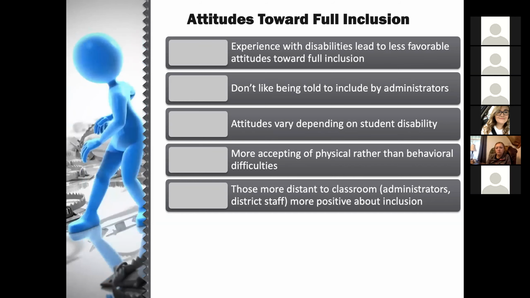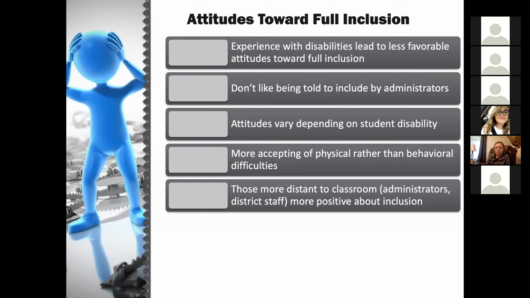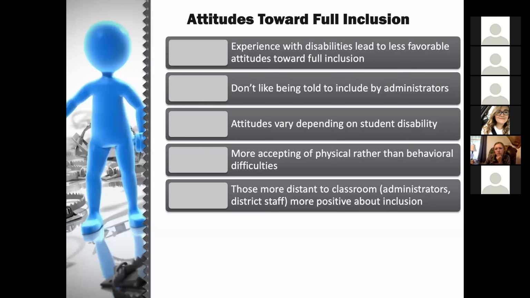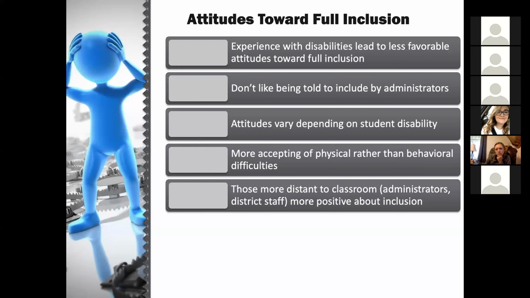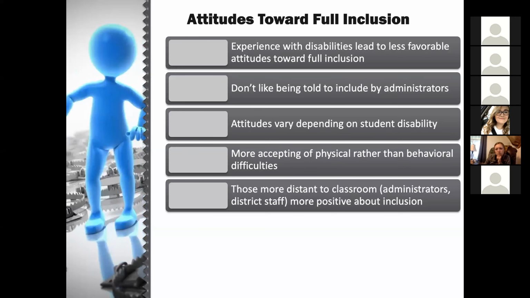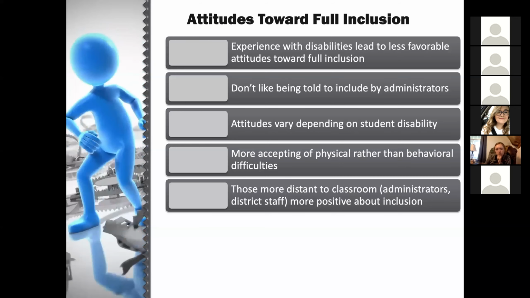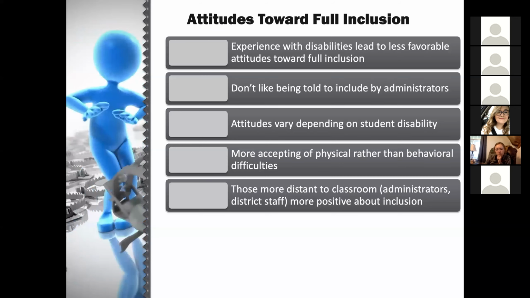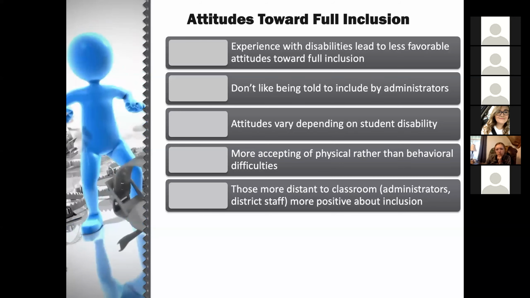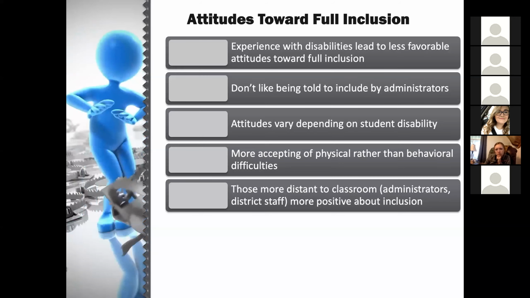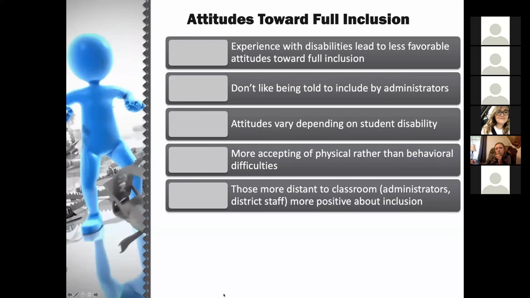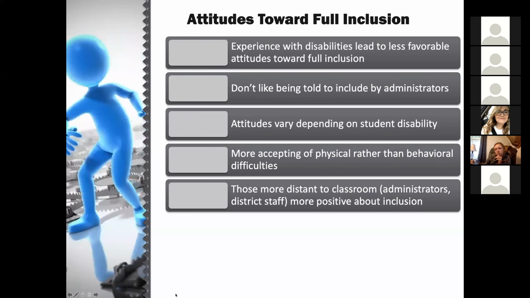Do we want them in there? We're more accepting of physical challenges than behavior challenges. And it is telling that the further one is from a classroom, like an administrator or a school board, the more they like inclusion. So I don't know about that. But again, this is my opinion.